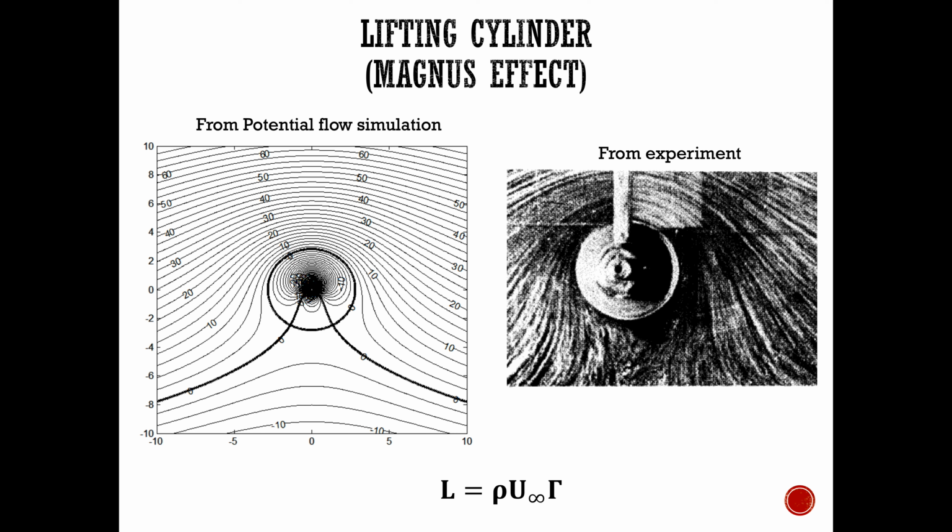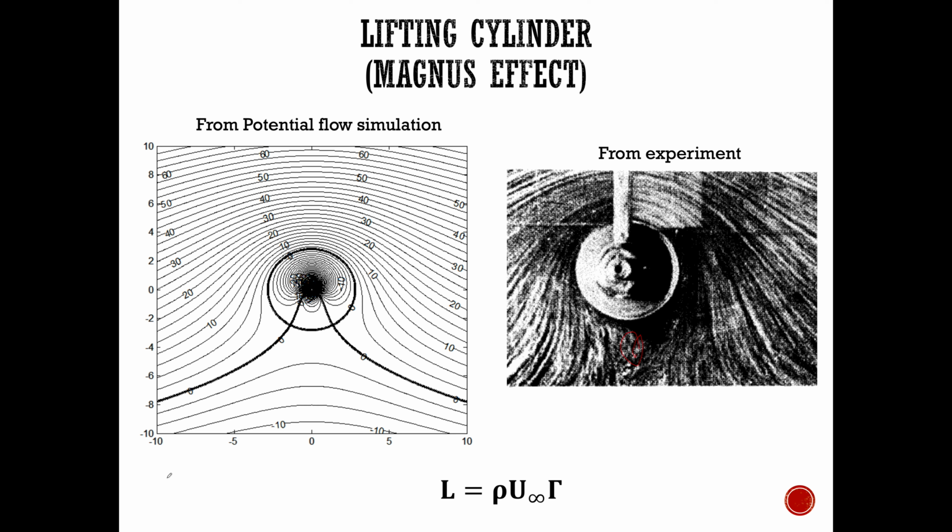Here's a flow simulation, which is basically what we did, and here is the same idea from an experimental standpoint. You see some flow separation below the cylinder right here, but for the most part, we were able to simulate a real flow field using just some rudimentary concepts in aerodynamics, right?